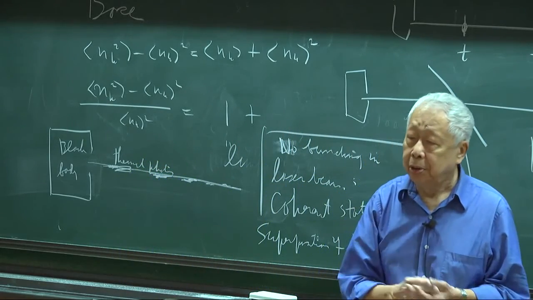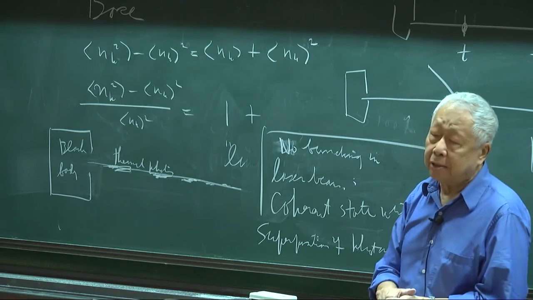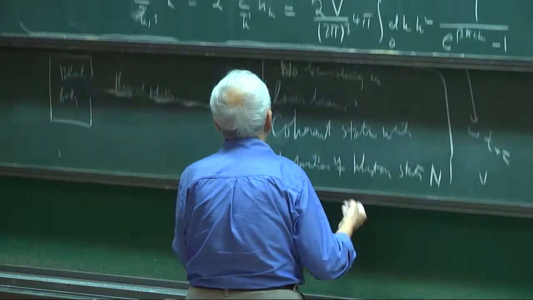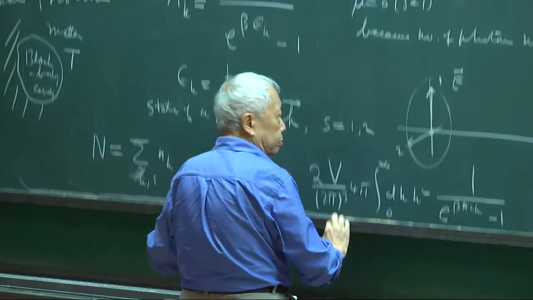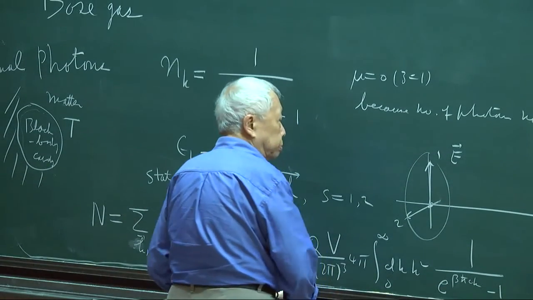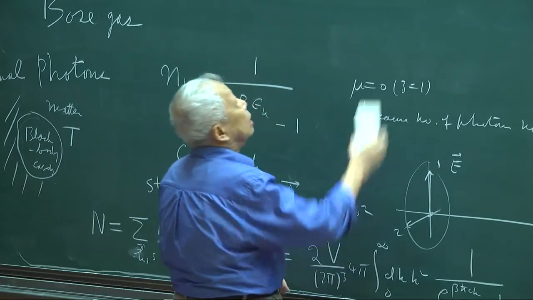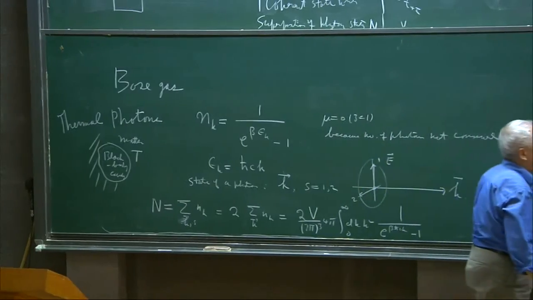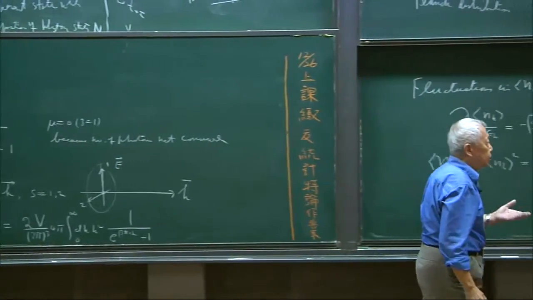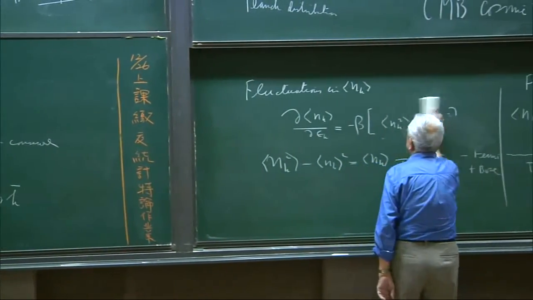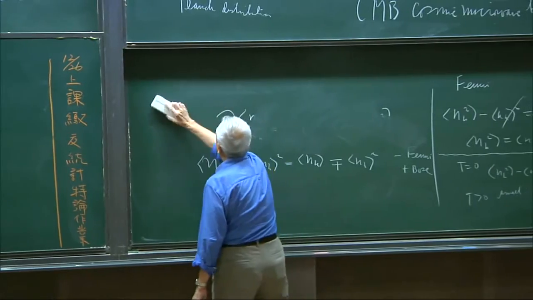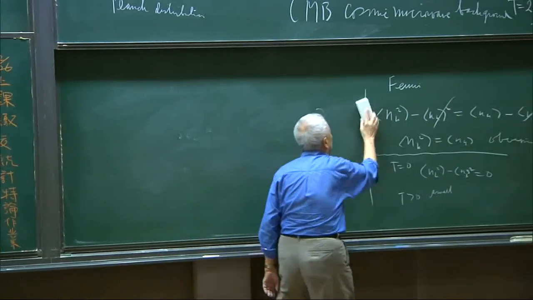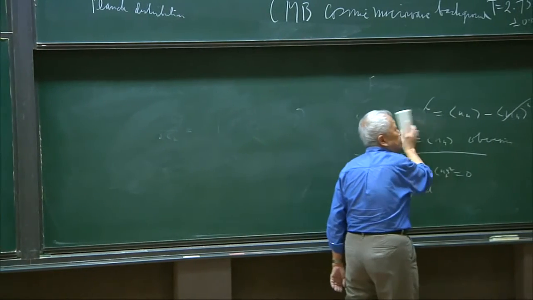The number fluctuates, but the intensity does not fluctuate. And I think that kind of correlation measurement was the precursor to all the quantum optics experiments. So that's for the photons.